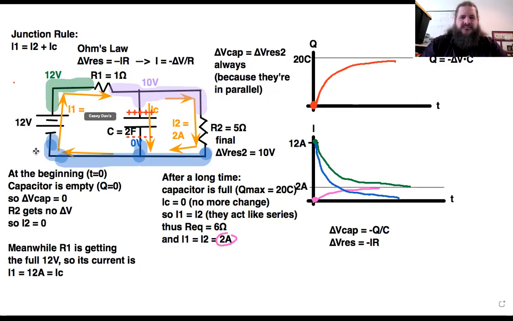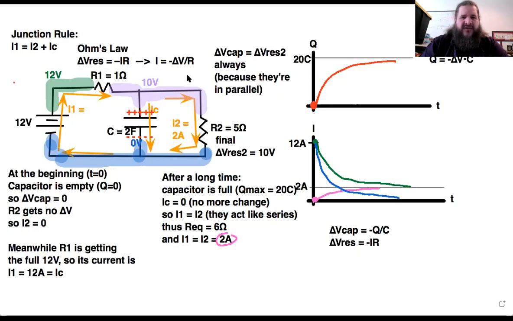What did you say? You were saying how this relationship is unique so that you can use R2. I don't remember exactly what you said, but you were saying when we found that the delta V capacitor, or how we could find Q max, there was something unique about the circuit? Specifically that the voltages are the same.